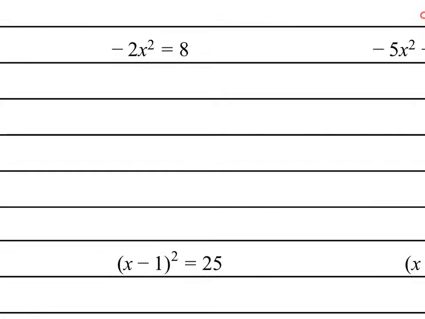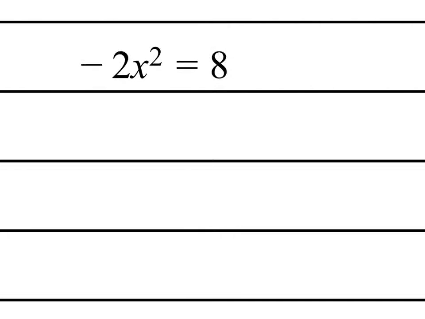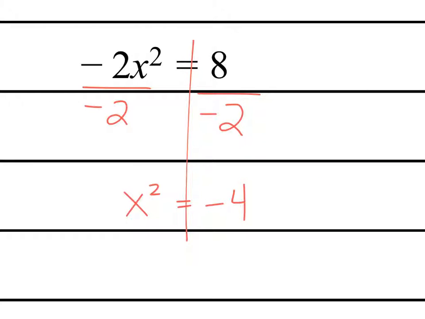This is not isolated yet. What should I do first? We can divide by negative 2. Okay, so that would give me x squared equals negative 4. Okay, so x squared is isolated. Now you can take the square root.